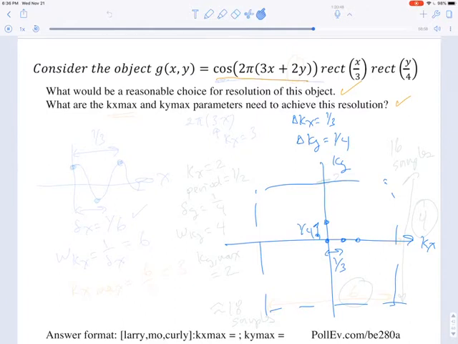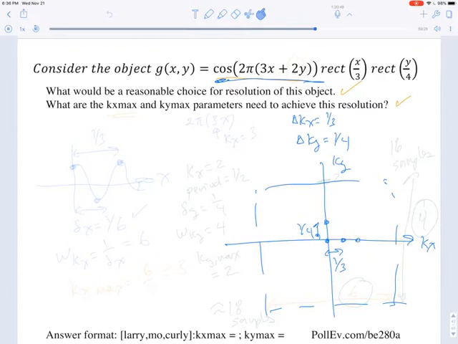The next thing to look at is what the cosine is doing. If this was just a uniform object, there'd be no detail, and we wouldn't need to go that far out in k-space. In that case, maybe 1/3 and 1/4 would be sufficient. But in reality, we have a cosine of 2 pi (3x plus 2y). So let's look at both the kx and ky directions.